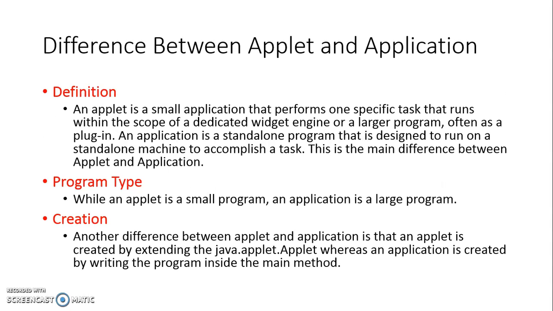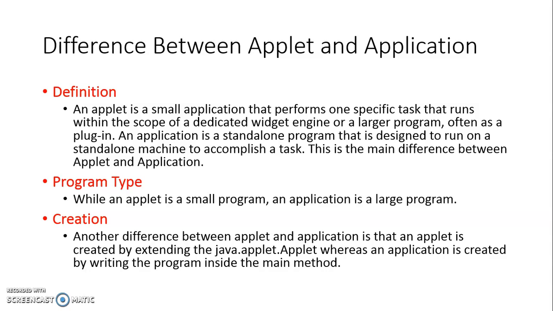Next we will see what are the differences between applet and application program. First difference is in the definition of an applet and application. An applet is a small application that performs a specific task that runs within the scope of a dedicated widget, engine, or a larger program, often as a plugin.